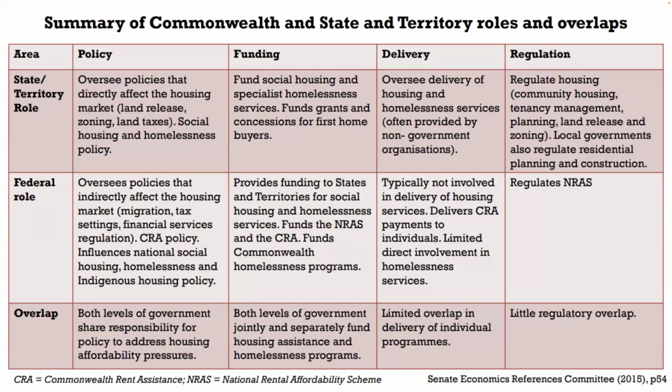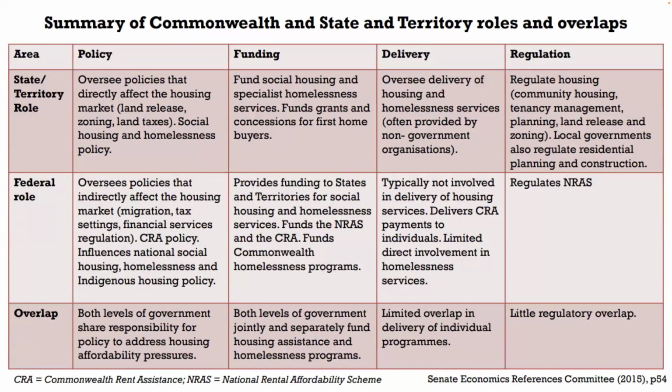And of course, when it comes to funding social housing and funding for specialist homelessness services, this is often something the state and territory levels of government are in charge of, whereas the federal government provides funding to state level and territories for social housing and homelessness.